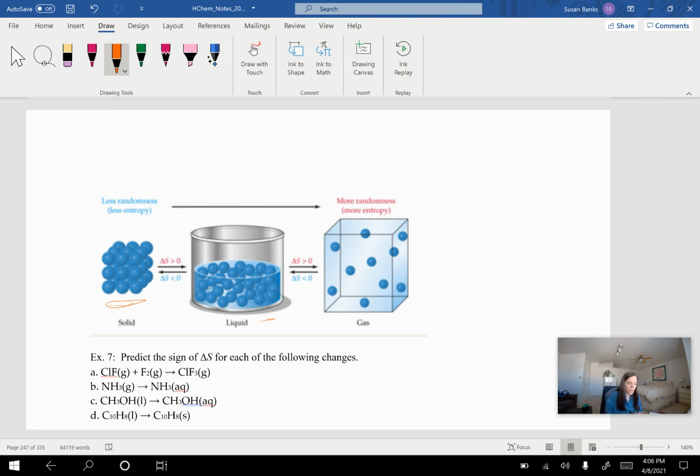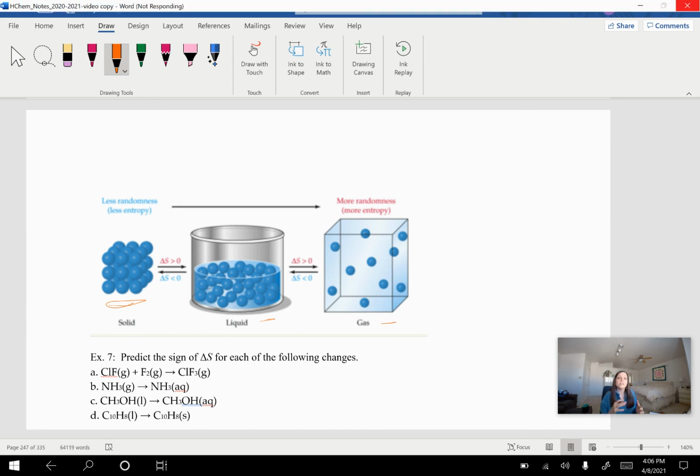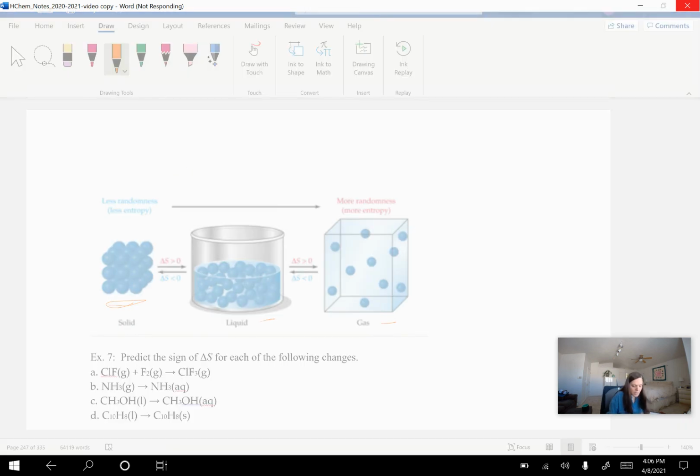So there's still relatively few ways to organize them. But in a gas, they're moving quickly, they're spread apart. There's all kinds of ways that we can have this. This is way more chaos. Notice as we go up from solid, liquid to gas, we create more and more chaos, more and more disorder.